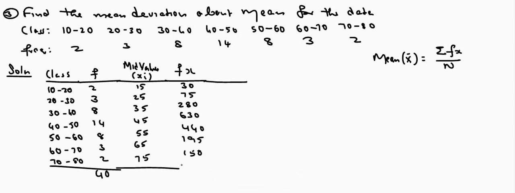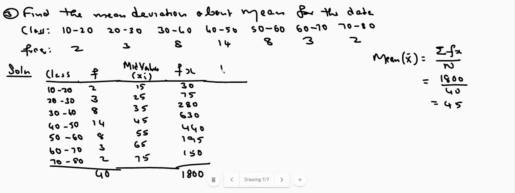And to find the sum of this fx column, we get 1800. From this we can find the mean. It is equal to 1800 divided by 40, we get 180 by 4 or 90 by 2, which is equal to 45.